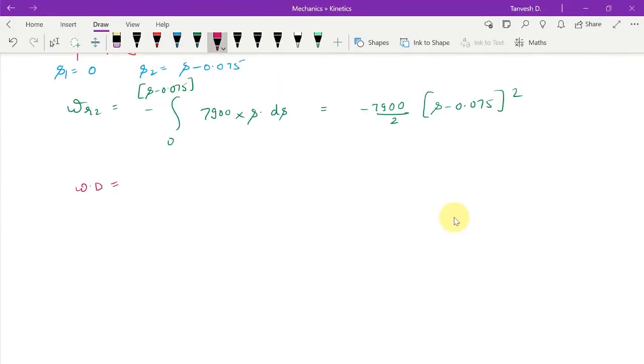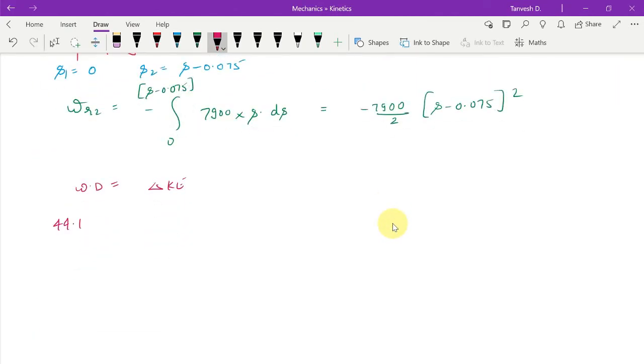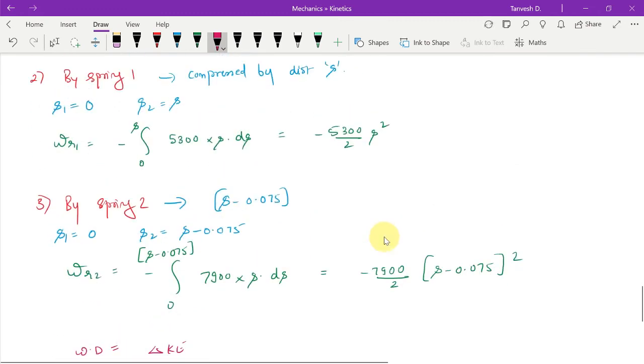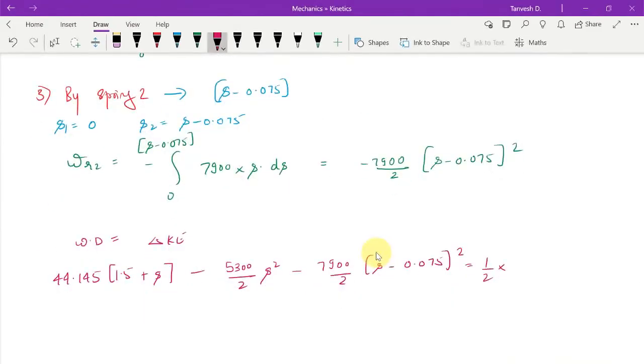Work done by block was 44.145 into 1.5 plus S, minus 5300 by 2 S square, minus 7900 by 2 into S minus 0.075 the whole square, is equal to half into mass, which is 4.5, into V square minus U square, that is going to be 0 because U is 0 and V is also 0, right? So this term becomes 0.